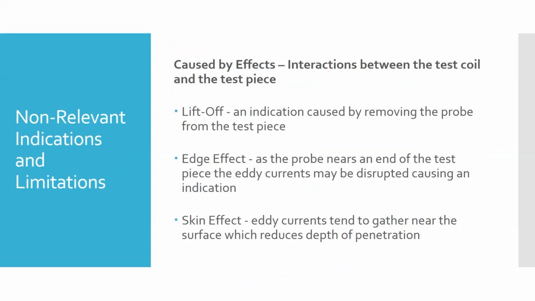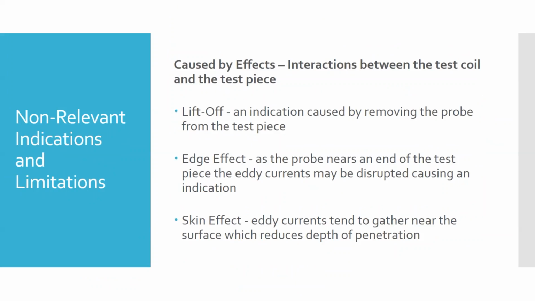It's near the surface, right? And those eddy currents are going to generate their own magnetic field. Magnetic fields can almost act, they can block you from seeing further into a part. So the eddy currents and the magnetic field they generate near the surface is going to prevent you from being able to see too far into the part.